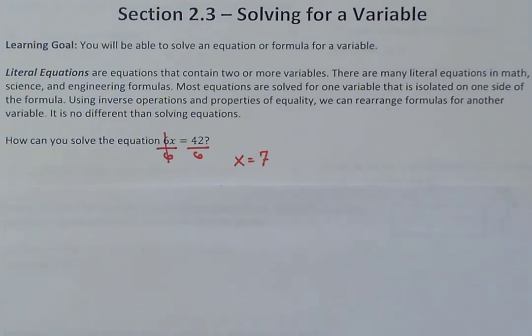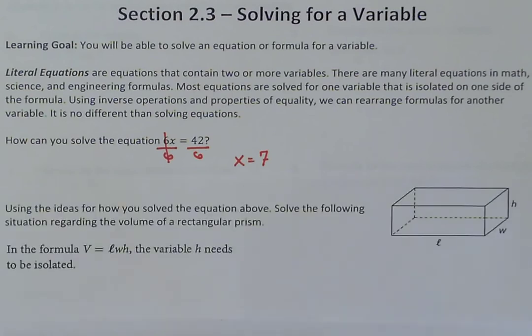So today, when it asks you to go through and solve for something, highlight the variable that they want you to solve for, and then you're going to undo what is happening to that. Okay? So if we took a look at this, using the ideas we just talked about above, we want to solve the following situation regarding the volume of a rectangular prism.